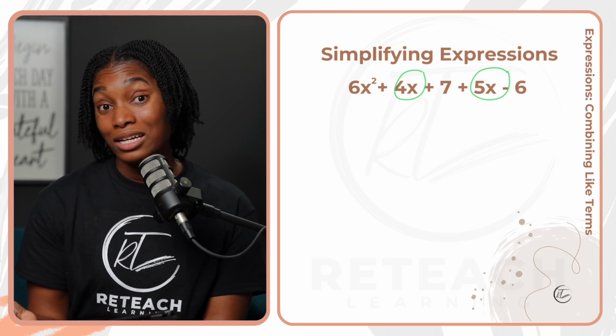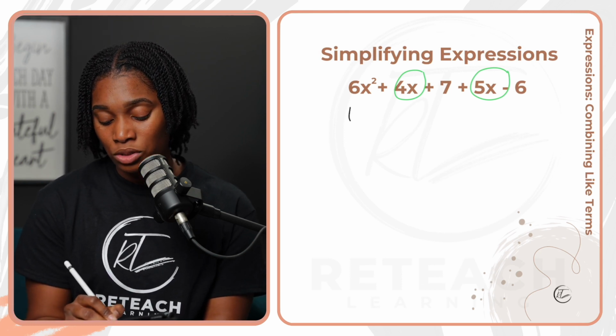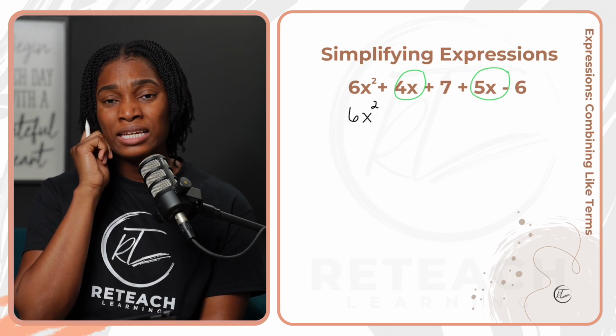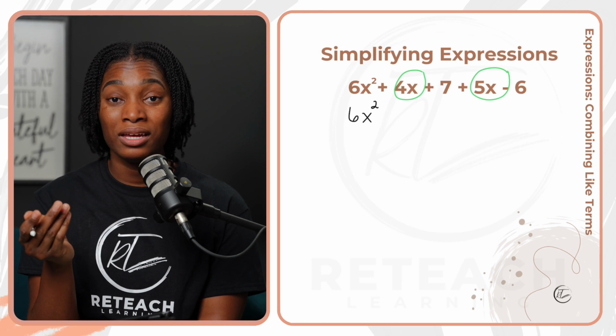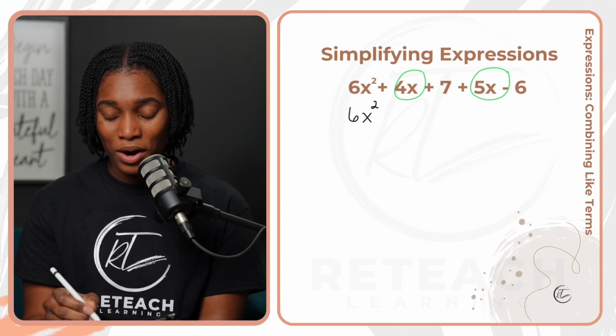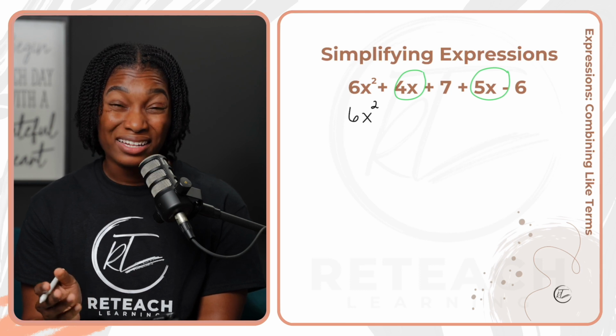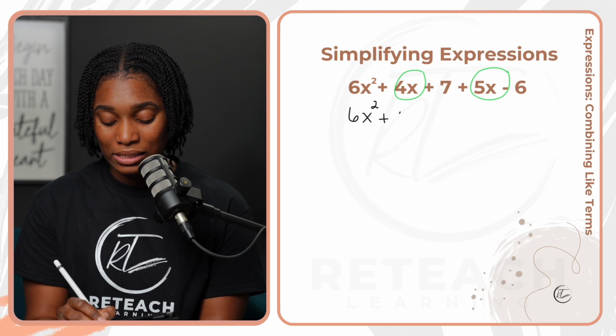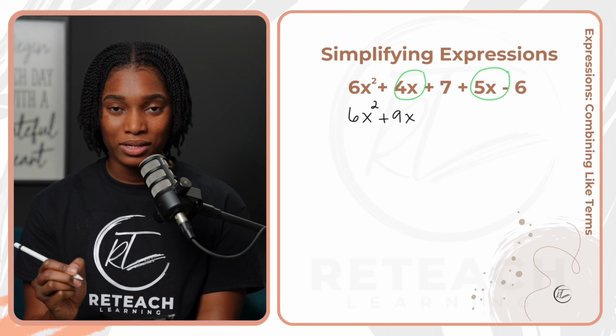Because there are no like terms to that one, I am just going to write it back. I can't do anything with it. All right. And if you cannot do something with a term, you just rewrite it and you're good. All right. So now 4x, so like 4 hats plus 5 hats is like having 9 hats. So 9x. Perfect. All right.